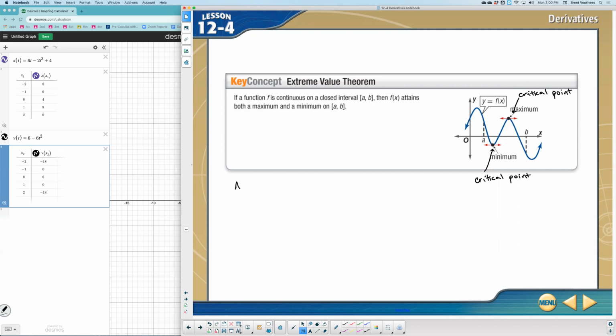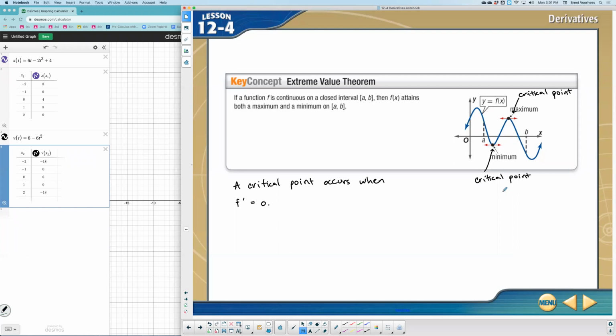A critical point occurs when the derivative, or f prime, equals 0. So anytime it equals 0, you have a critical point, and we will also test on the bounds a and b.